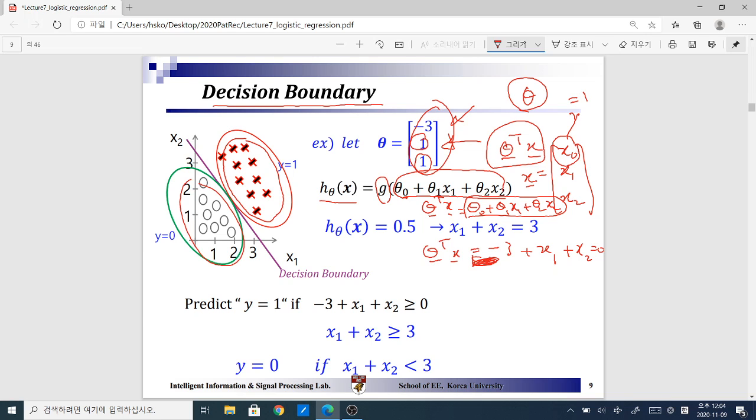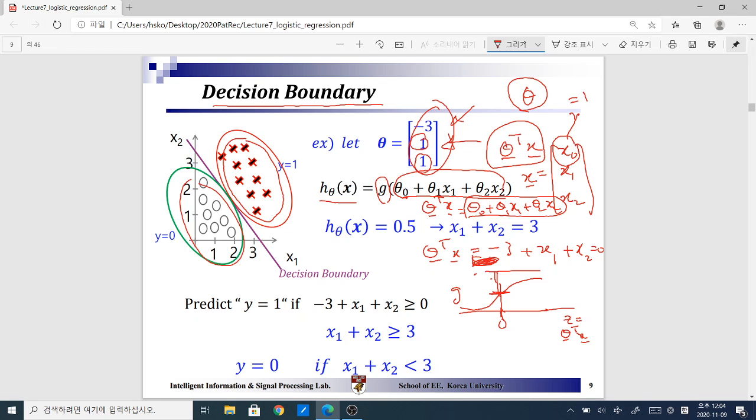So what this means is, remember the boundary says that in this logistic regression function g of z, with z being theta transpose x, if z is equal to 0, that sets the decision boundary.